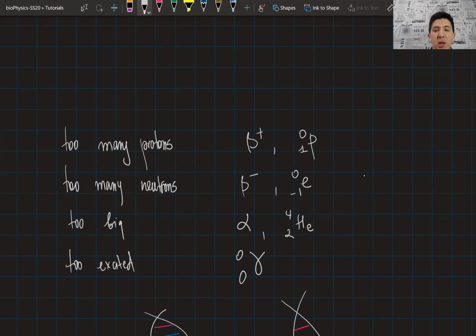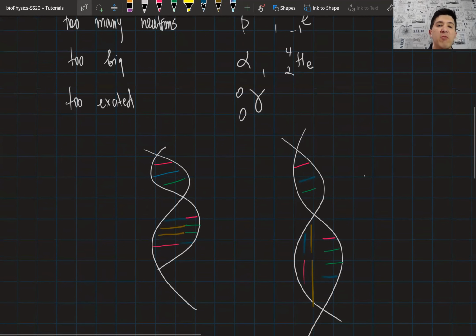No matter what kind of radiation it produces, it's always about ionization, right? So we are going to have free electrons or free positrons, which are going to annihilate at some point with some electron. It is going to produce again high energy gamma photons.